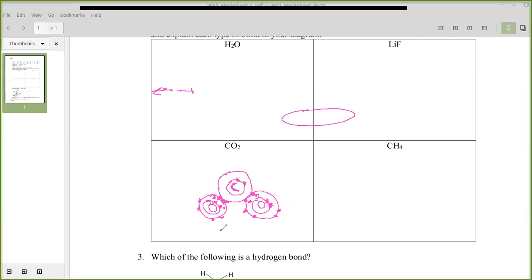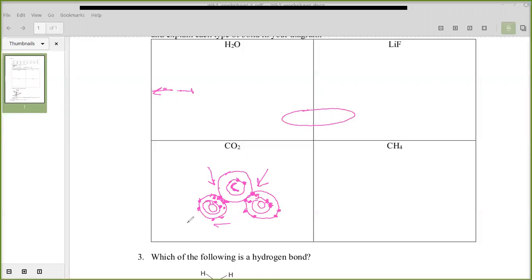And what would be these bonds? What type would they be? Ionic or covalent? Does anybody have any ideas? They're sharing electrons, so they'd be covalent, right?